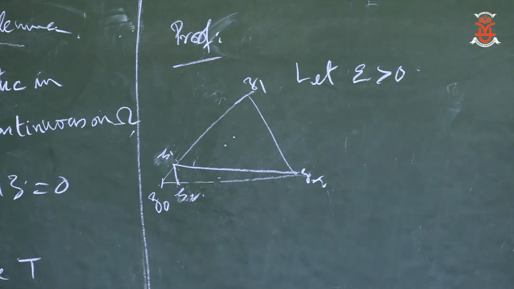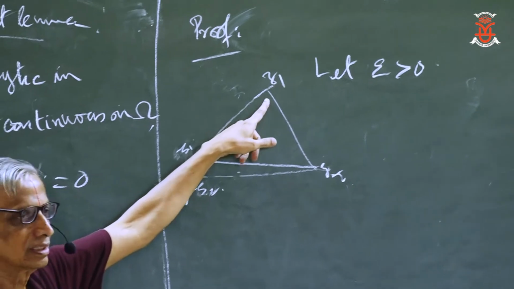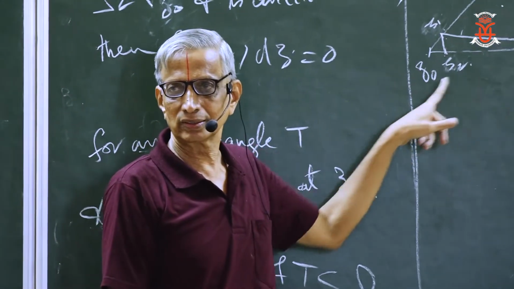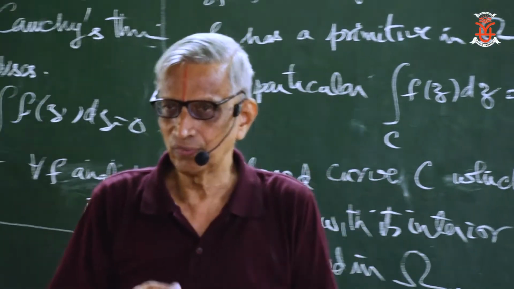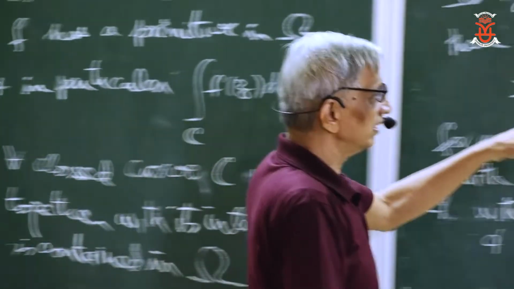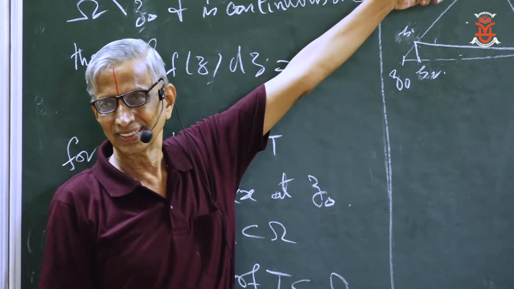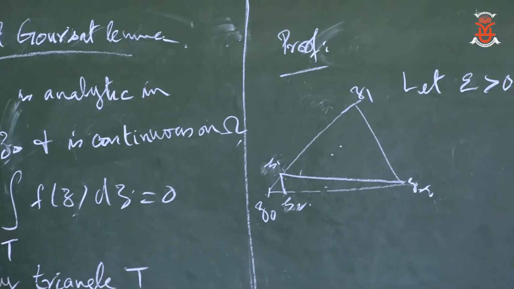Okay. Choose points zeta 1 on Z0Z1 and zeta 2 on Z0Z2, so that the length of the triangle Z0, zeta 1, zeta 2 is less than epsilon. Okay?